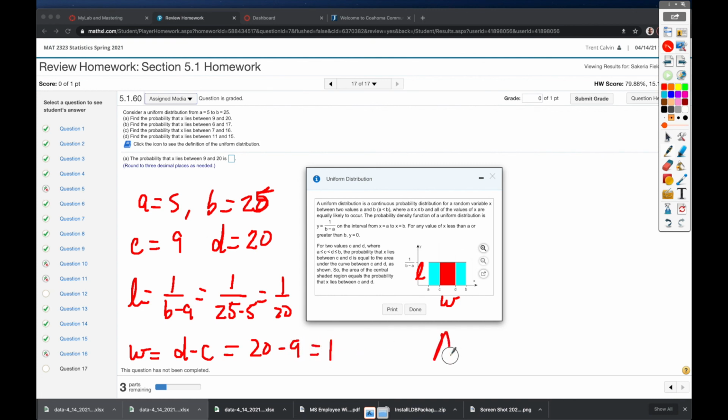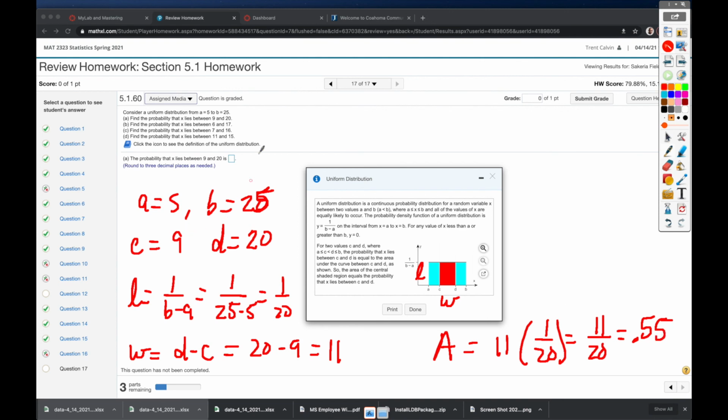And so my area is going to be my length times my width, which is 11 times 1 over 20, which is 11 over 20, so 0.55. So my probability that X lies between 9 and 20 is 55%, or 0.55. I'll do the same thing each time.